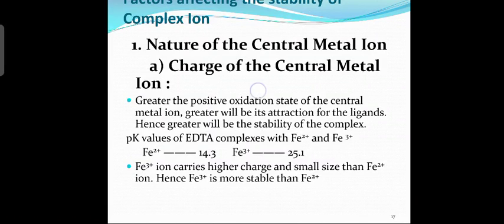First, the nature of the central metal ion, that is the charge on the central metal ion. The greater the positive oxidation state of the central metal ion, the greater will be the attraction for the ligands, and the greater will be the stability of the complex.